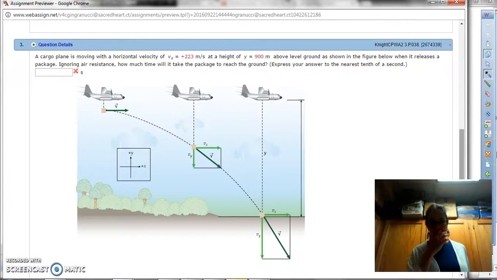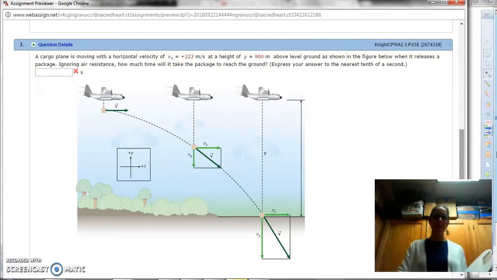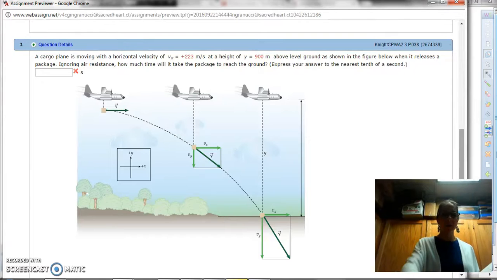So here is this one. We're asking pretty much the same question. This is a horizontally launched projectile because the plane is moving, so when we drop that package, it's going to carry that motion, just like this diagram suggests.